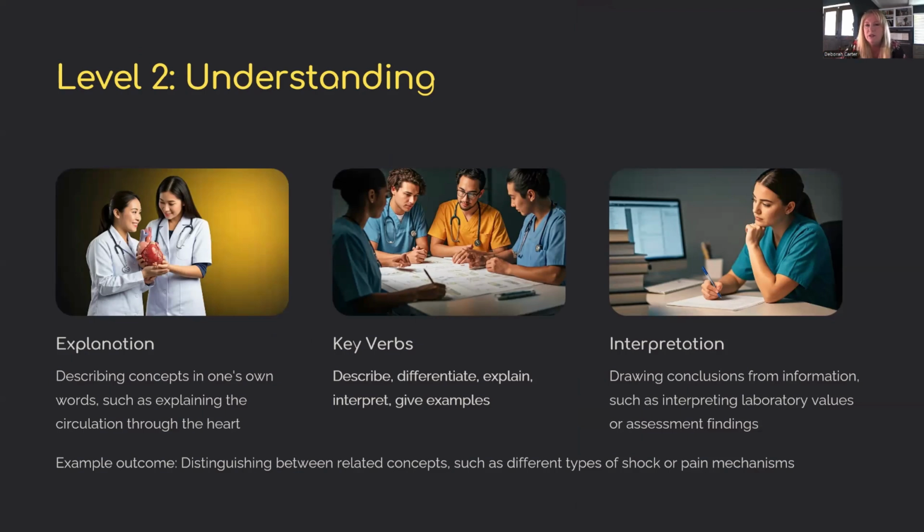Assessment strategies for this level might include asking students to describe a process, differentiate between concepts, or explain significant clinical findings. So it's just the next level up. These are really important levels to understand. So really go through these few slides and make sure you have an understanding of these.